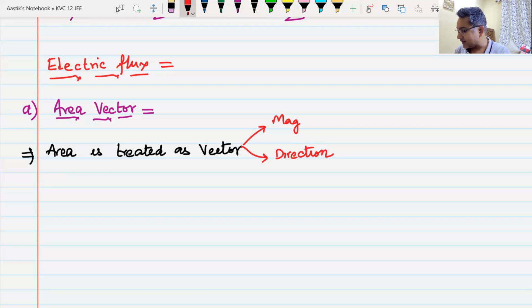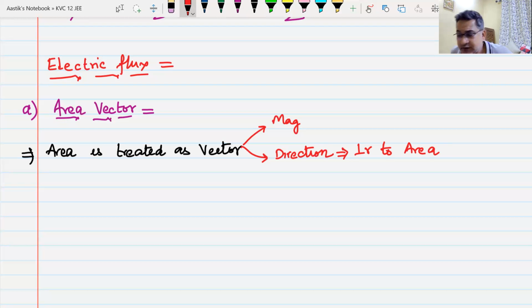And what is the direction of area? The direction of area is taken as perpendicular to the surface. You are writing on a table. Your table is a surface. What is the direction of the area vector of that table? It is perpendicular to that table. That is taken as the direction of the area vector.